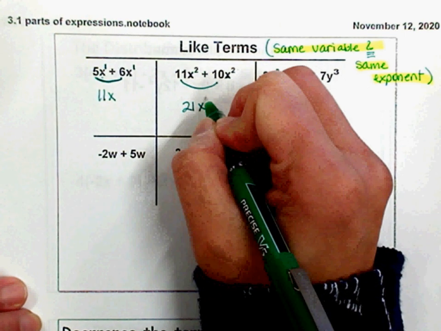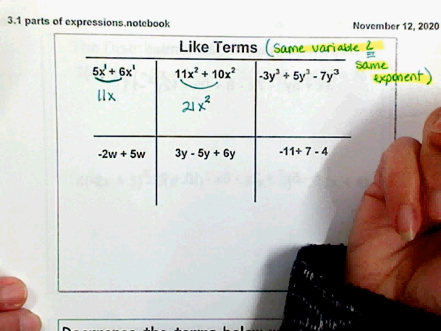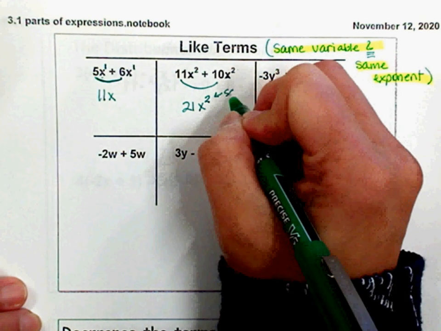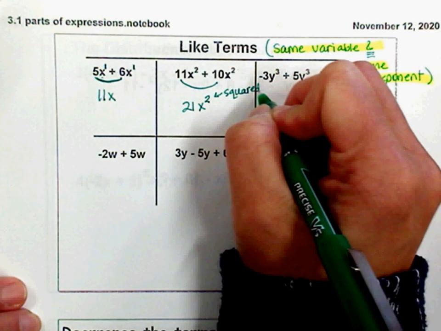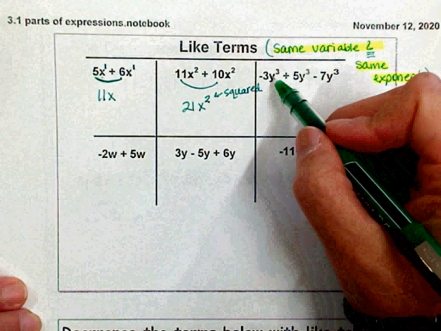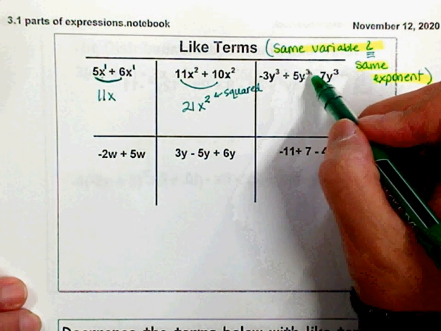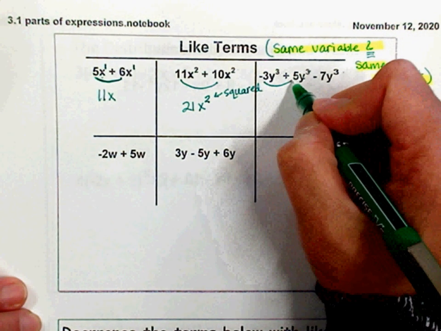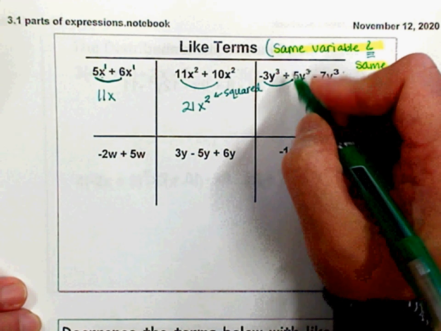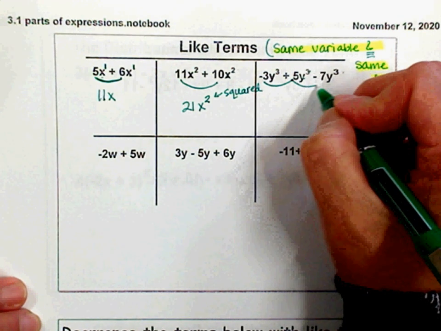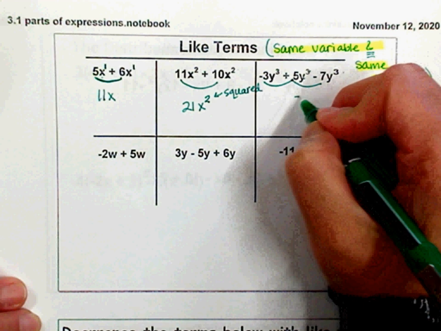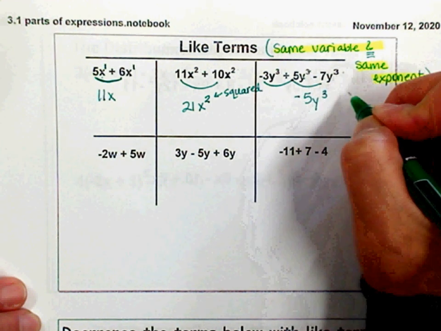That's called a squared. This right here is called a squared. Okay? Same variable, same power. Combine -3 plus 5 is 2. Okay? 2 minus 7 is -5y cubed. That is called a cube.